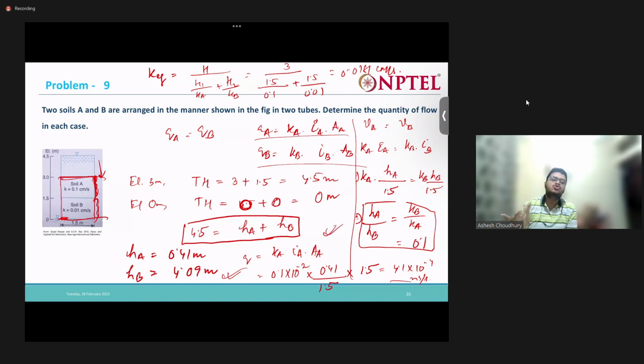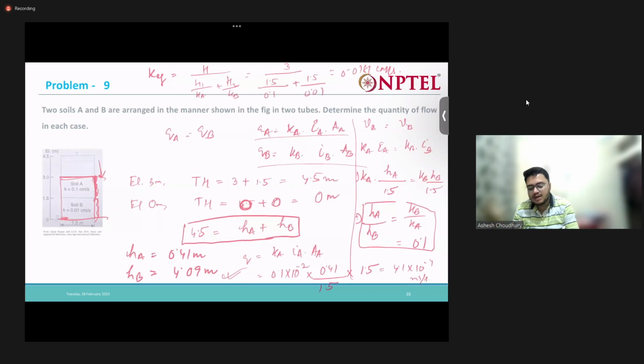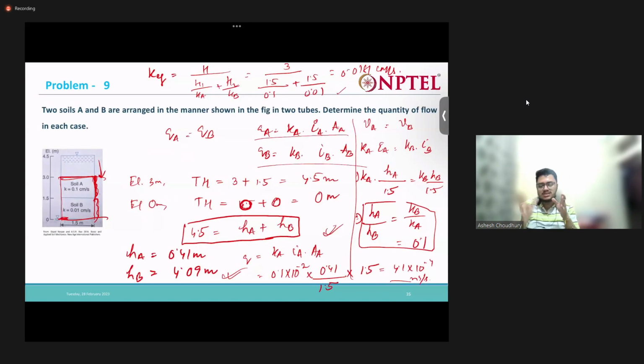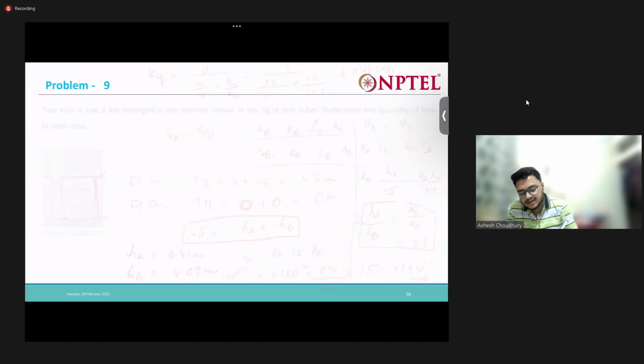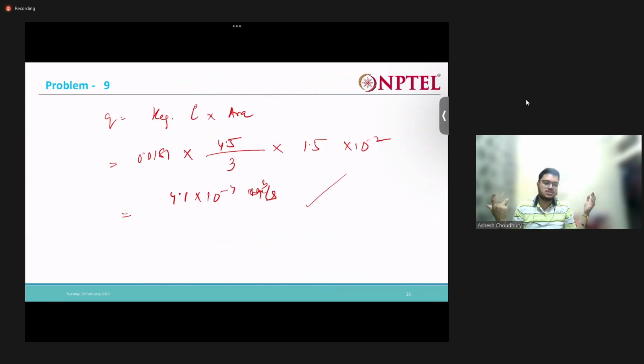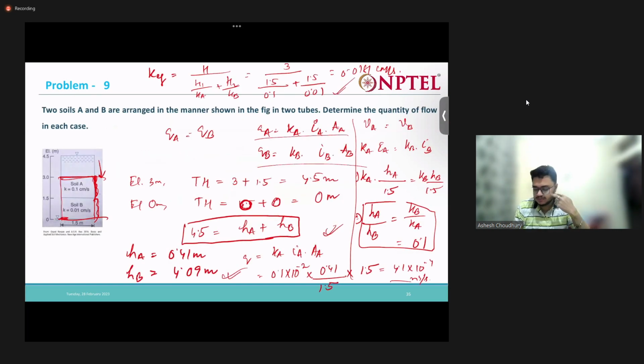But if you are asked only to determine the flow, then we can directly determine K equivalent using this formula. First you have to see if it's horizontal or vertical flow, then you can use the K equivalent formula, and then directly find out Q like this. But if you are asked to find the pressure head, the datum head, the total head at all points, then we need to solve it like the earlier method.